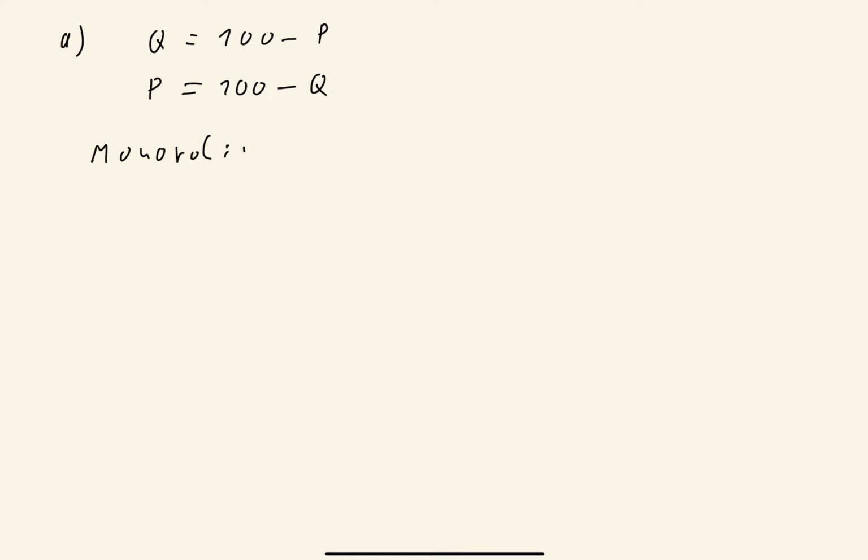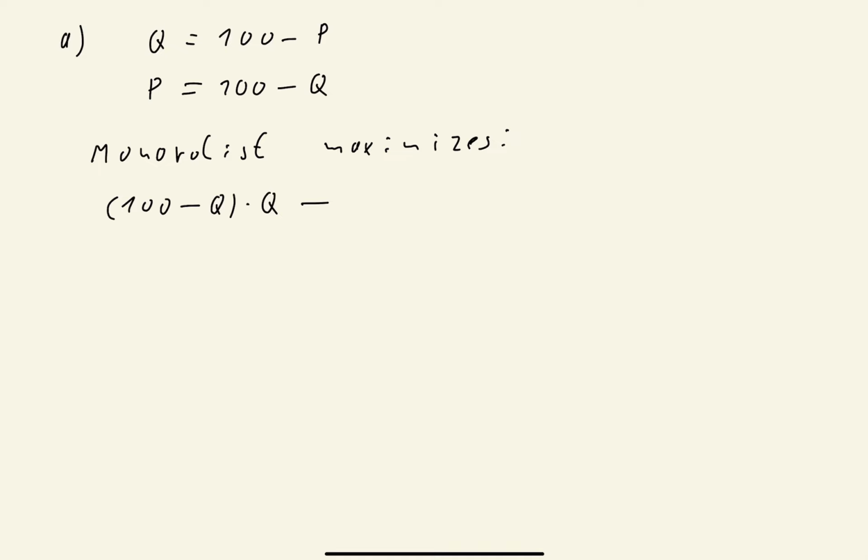The monopolist maximizes the following: revenues minus costs. The revenue is simply given by the price, so here the inverse demand, 100 minus Q, times the quantity Q, minus the costs depending on the amount of production.